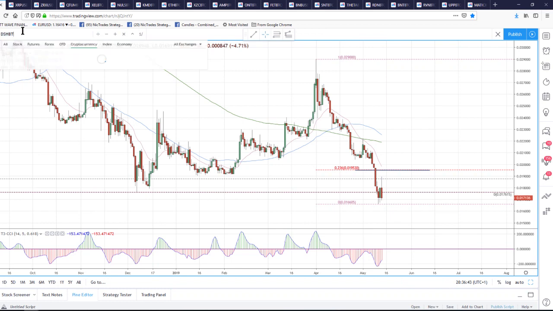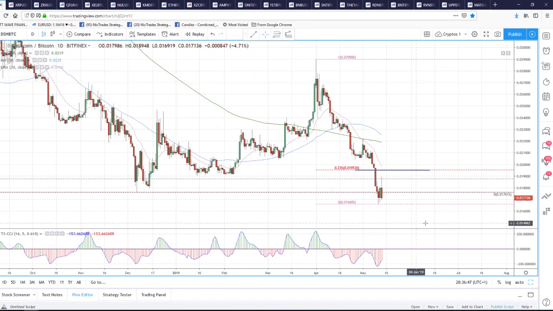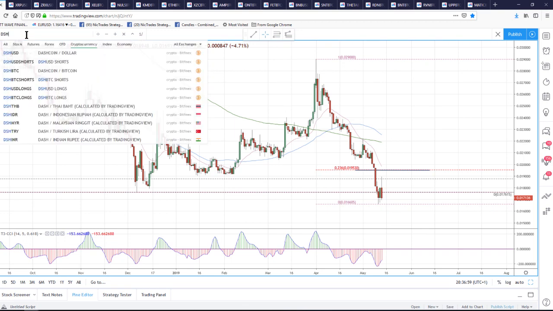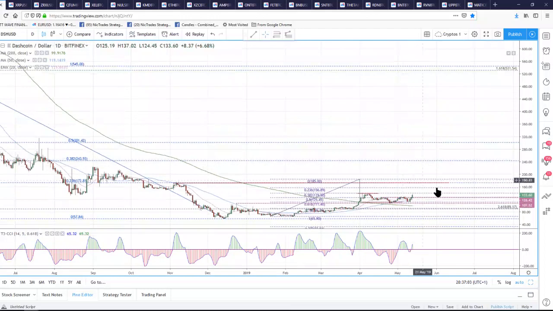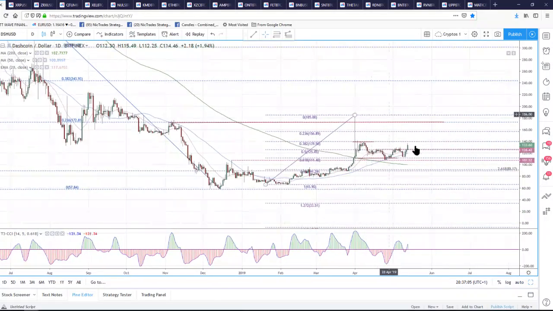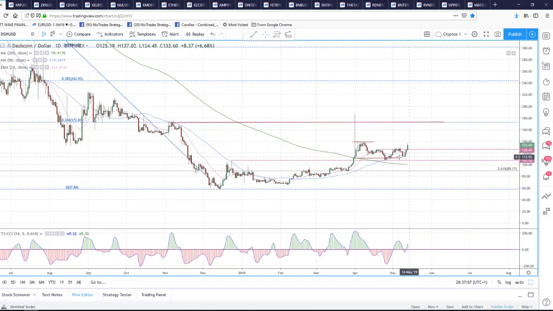And if we take a look, there is one cool thing you can say: if you're going sideways with Bitcoin while Bitcoin is on a monster rally, then whatever coin you are in is going up as well. So Dash US dollar is going up pretty nicely. Just not as much as Bitcoin. This is the only problem.